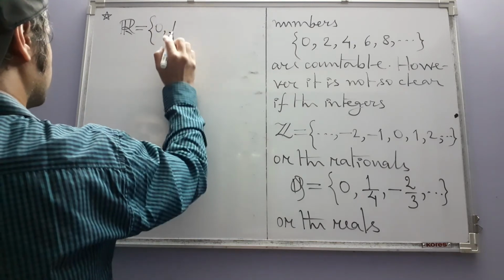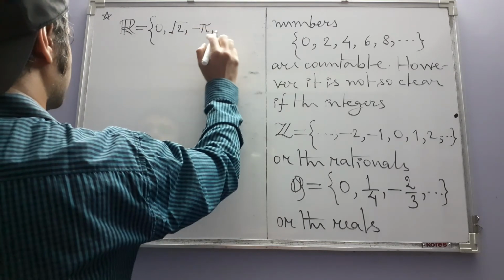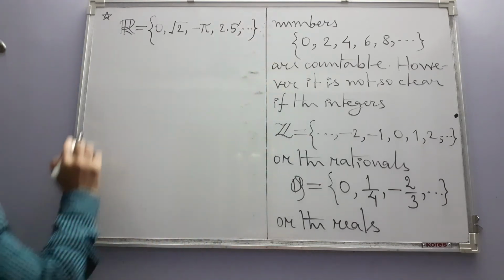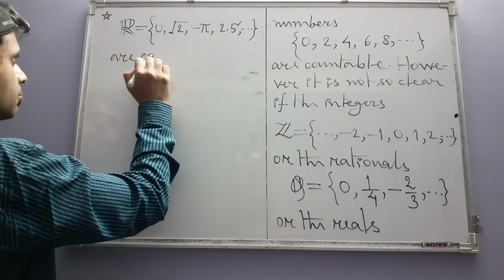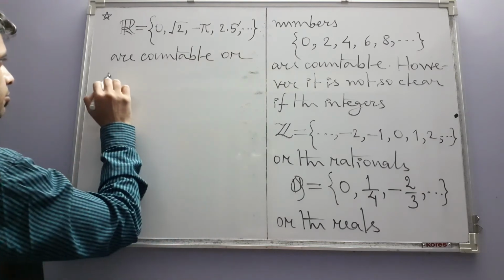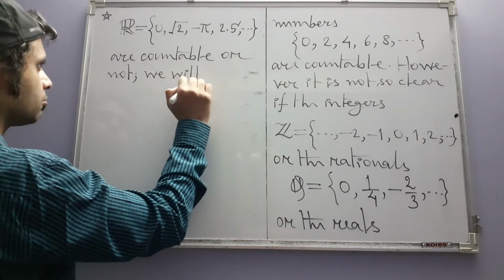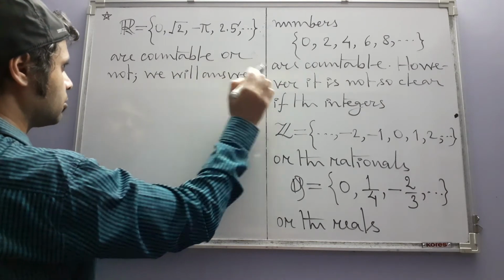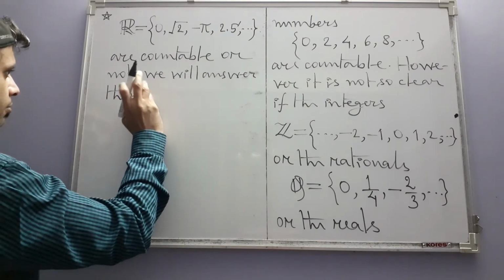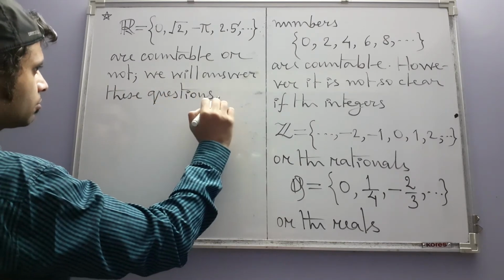Zero, square root of 2, minus pi, 2.5 and so on, are countable or not. We will answer these questions soon.